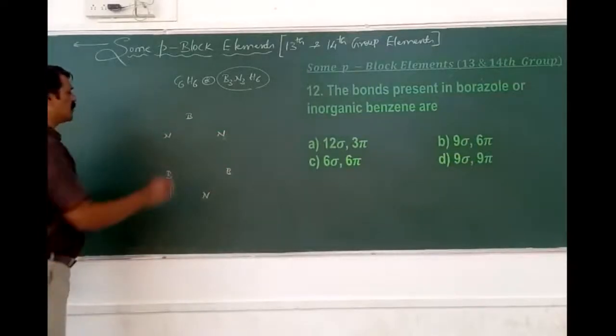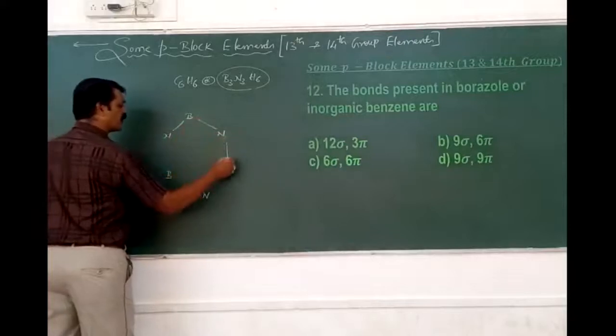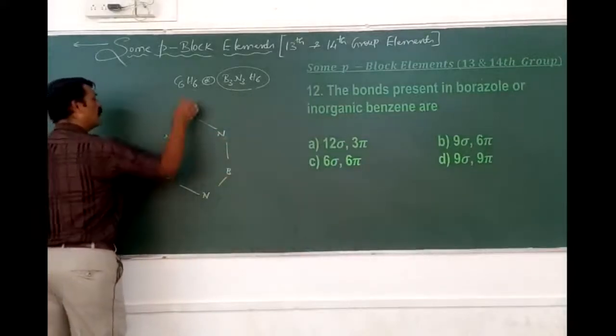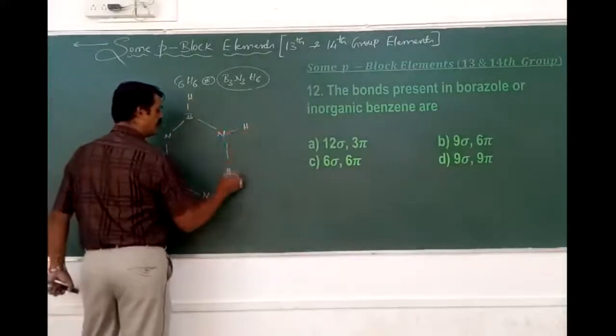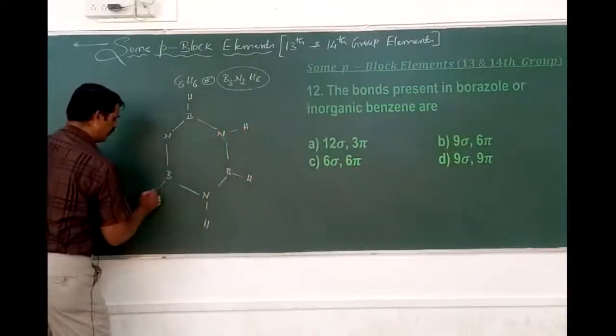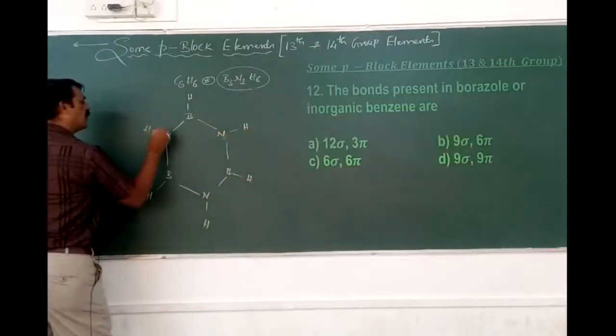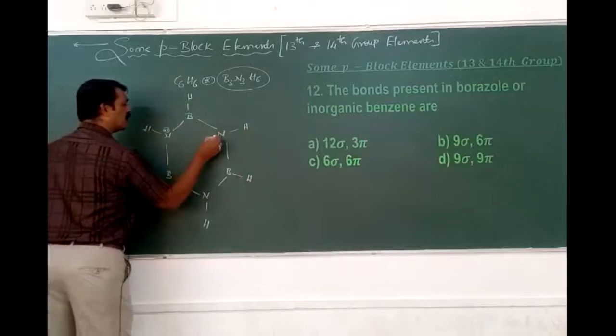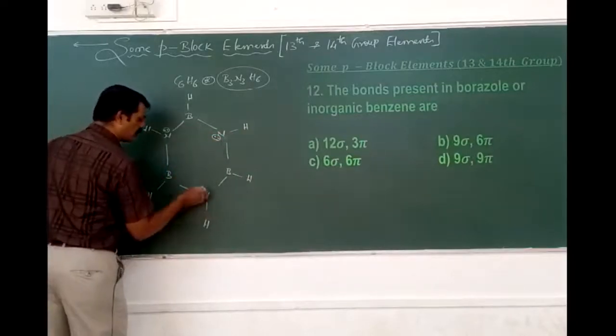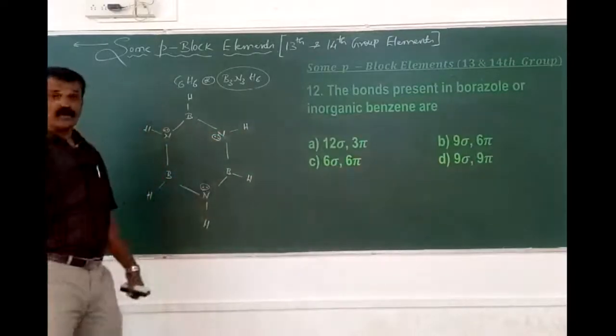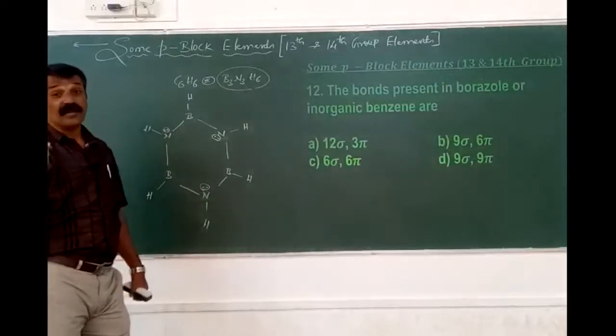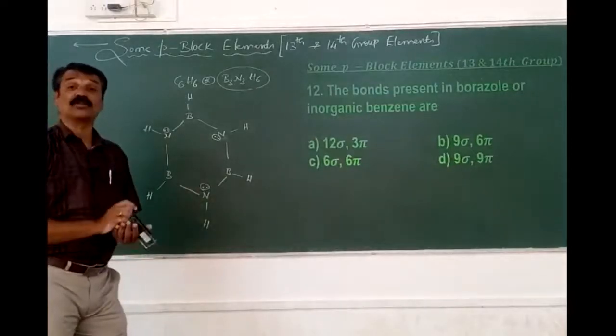As usual, first the covalent bond has been fixed. But as we know, each nitrogen has a what? Lone pair of electrons. Boron is trivalent, okay, but nitrogen being a pentavalent due to the presence of what pair of electrons? Lone pair of electrons.